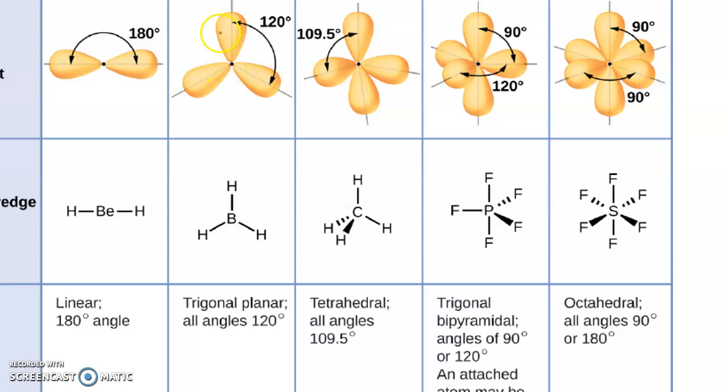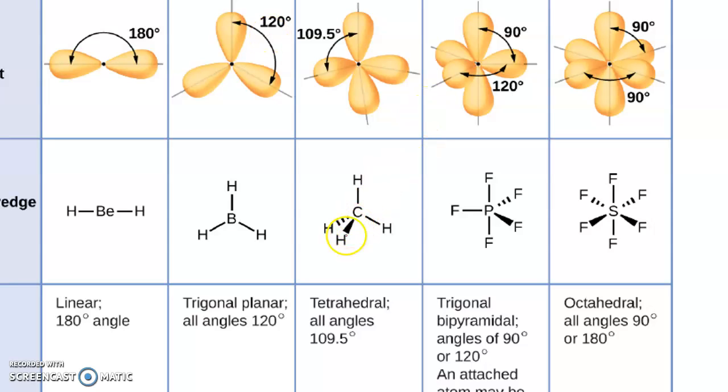If I have three electron groups over here, then it will be 120 because they try to push each other as far as possible. And there is a special name for it. If I only have a line like this, it is called linear, and the angle is 180. If I have three electron groups coming out from the center here, it is called trigonal planar, and the angle between each electron group is 120.